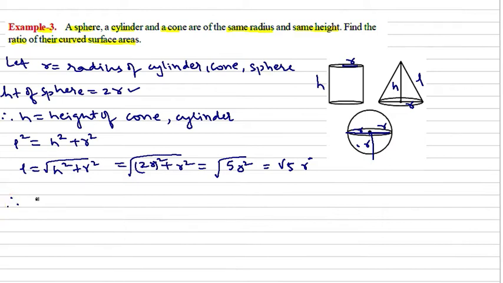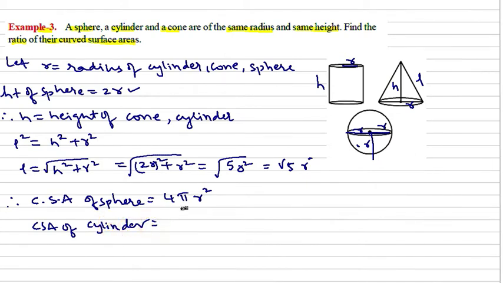Therefore now CSA, that is curved surface area of a sphere, is equal to 4 pi r square. Next, curved surface area of a cylinder is equal to 2 pi r h, where 2 pi r into height, we are taking 2 times the radius, which is equal to 4 pi r square.